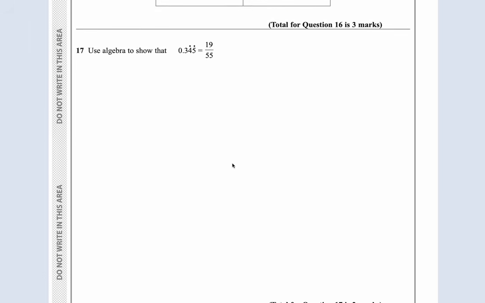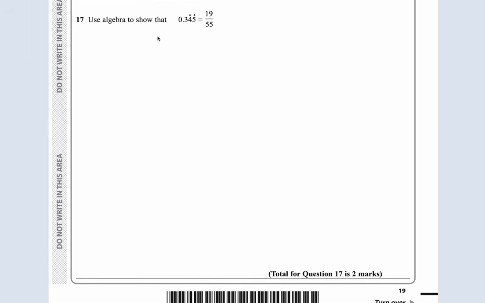Okay, 17. Use algebra to show this equals this, right? Let x equal 0.3454545 dot dot dot. Now that's what these dots mean, guys. The 4 and the 5 are repeated. Okay, then I multiply by 10.